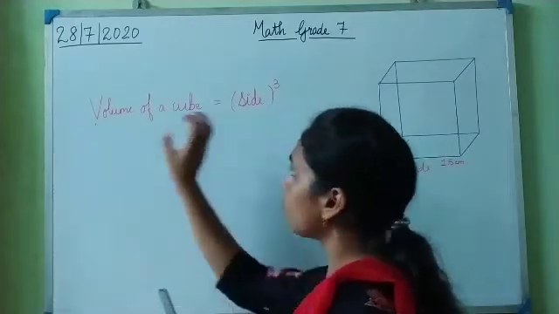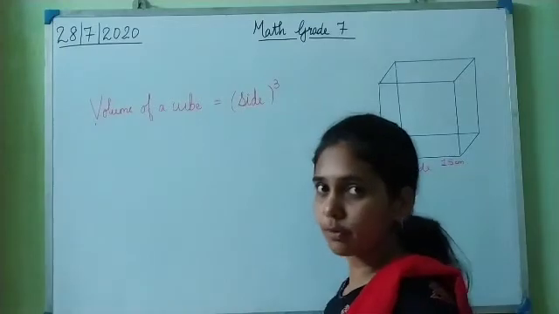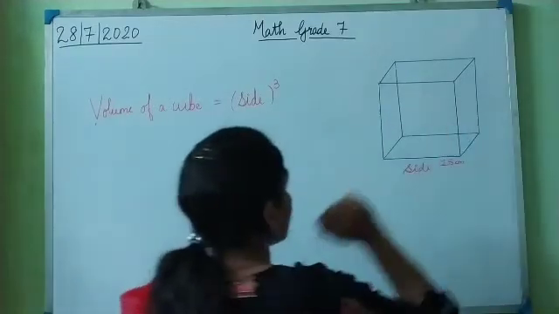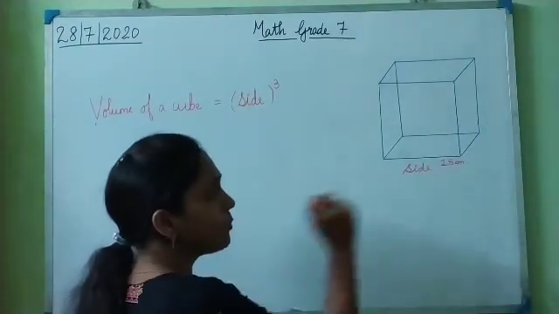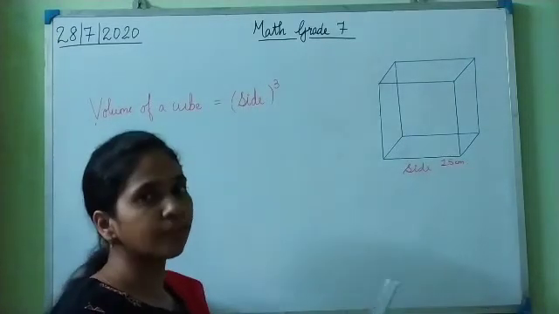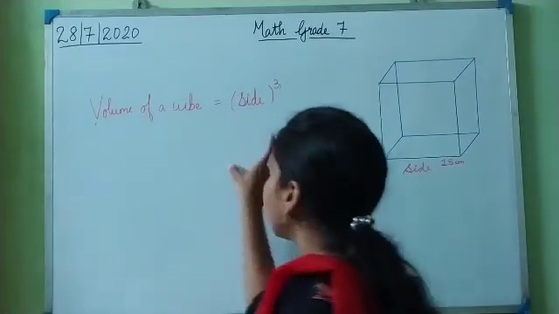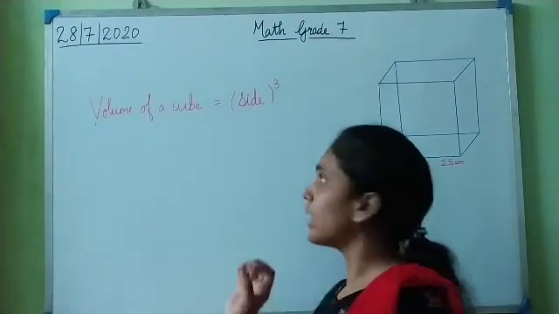Now in some cases, if the volume is given to us and we have to find the side length of the cube, that means in this particular cube, if they had given the volume and we had to find the side length, for that there is a little change in the formula.